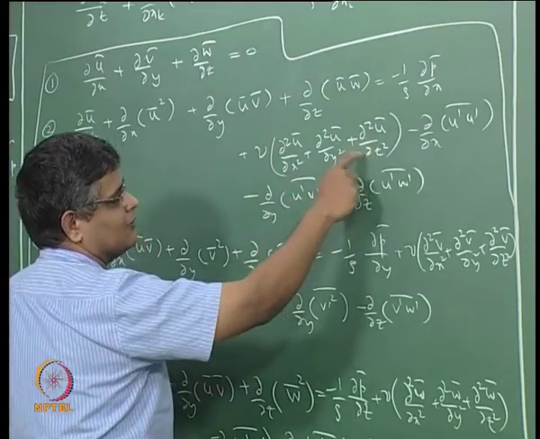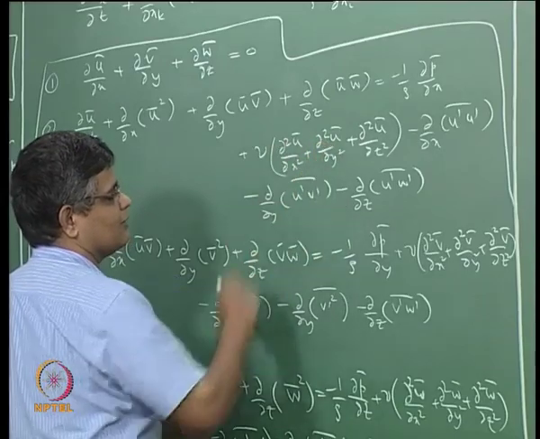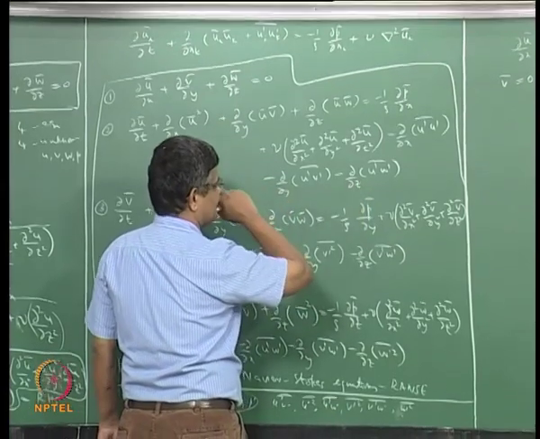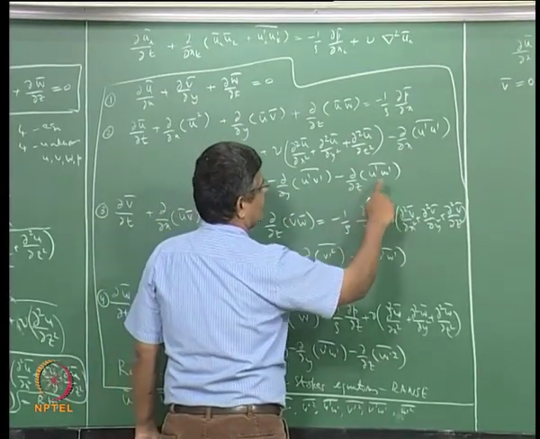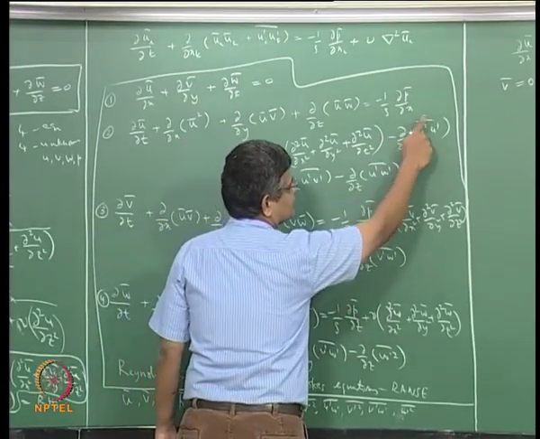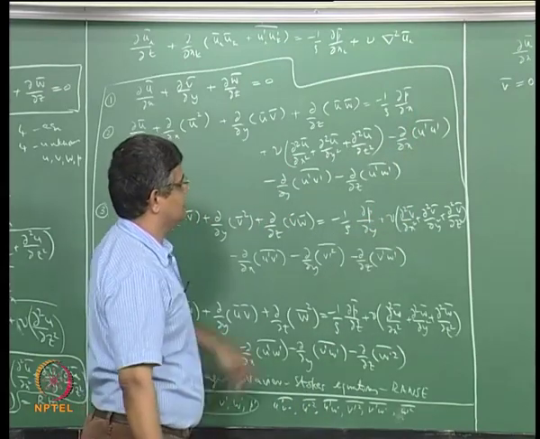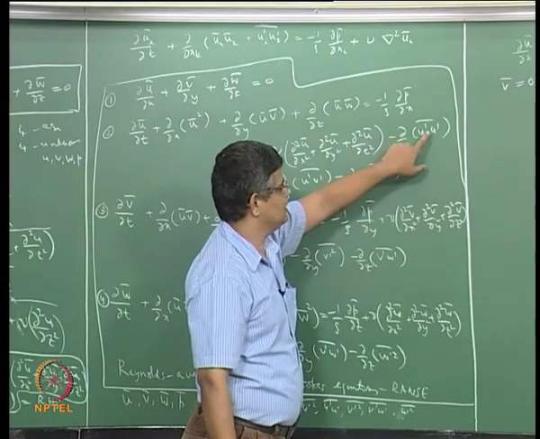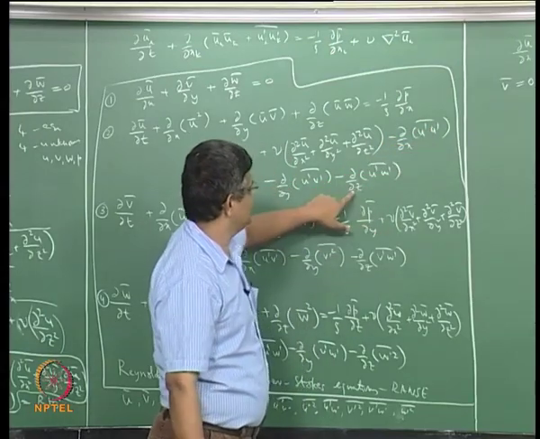So only the remaining term is this one, and here this will be 0 because this is a time average quantity varying with respect to x, so this should be 0 and this is also 0.